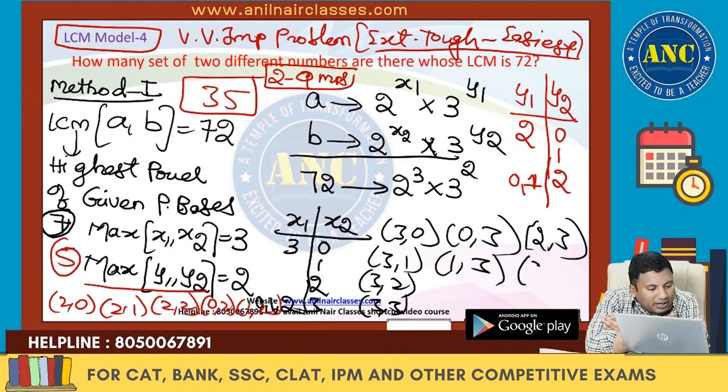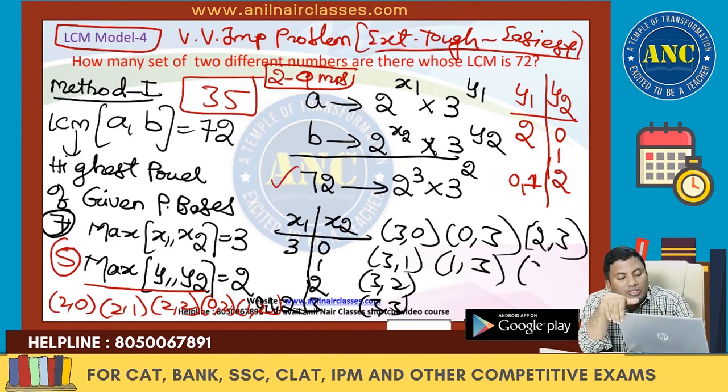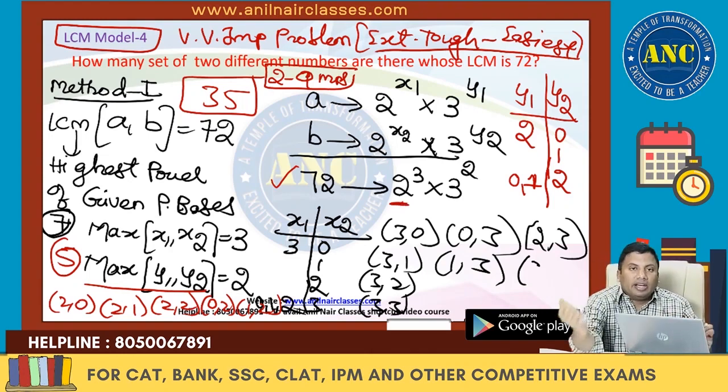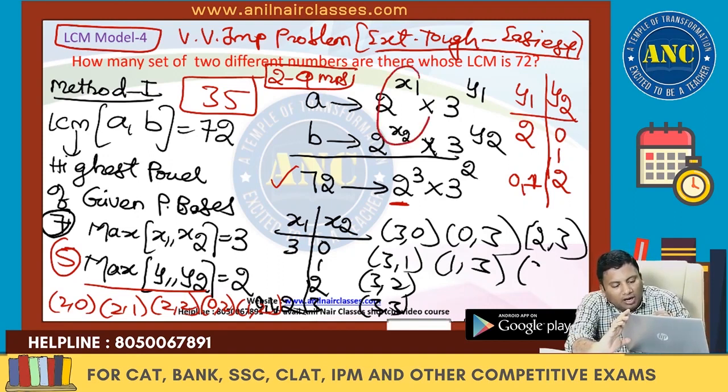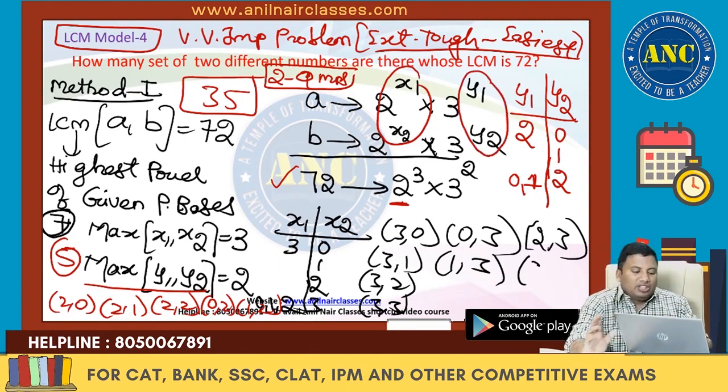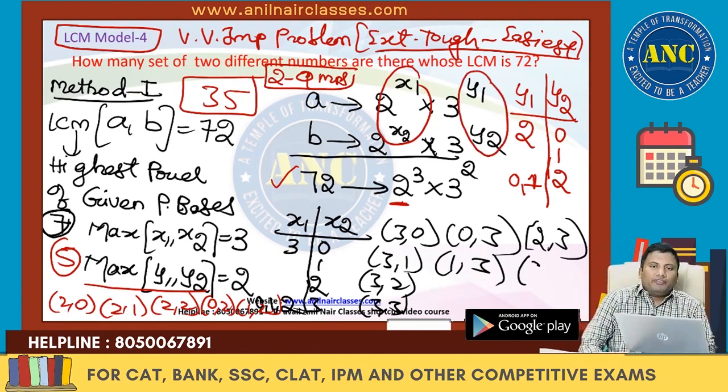The LCM of two numbers is 72. Step number 1: 72 is 2 power 3 into 3 square. Because the answer contains 2, the question also contains 2: 2 power x1 into 2 power x2, and 3 power y1 into 3 power y2. Maximum of x1, x2 is 3. Maximum of y1, y2 is 2. If x1 is 3, x2 can take 0, 1, 2, 3.